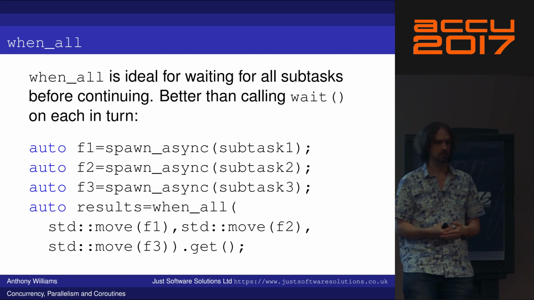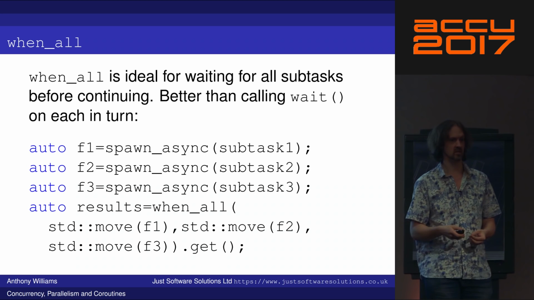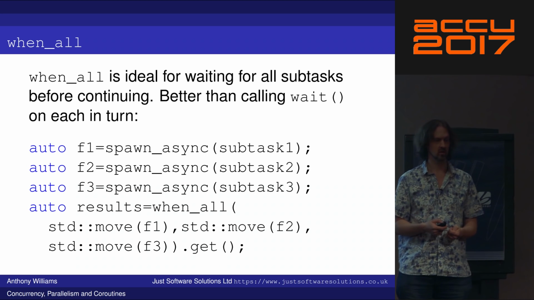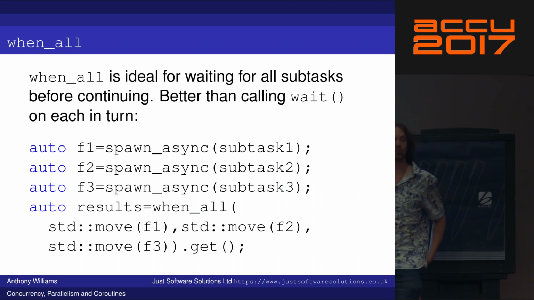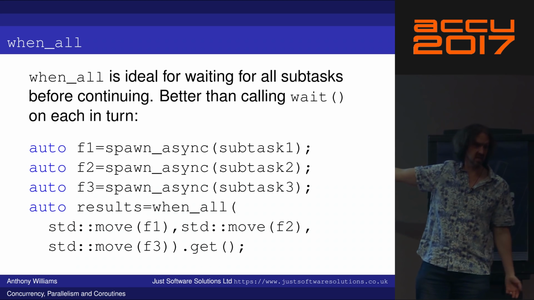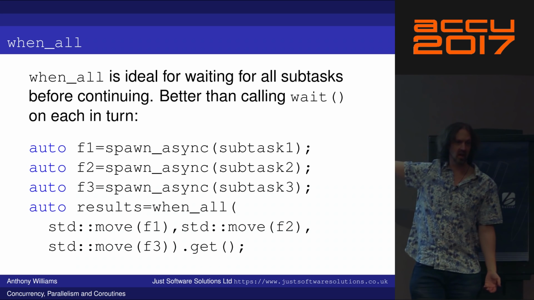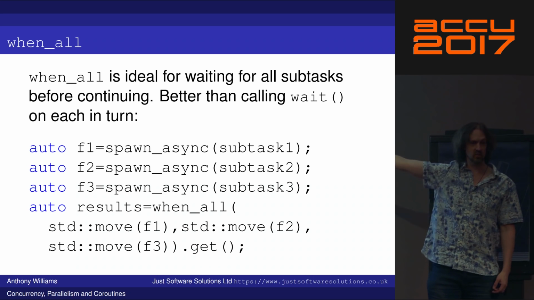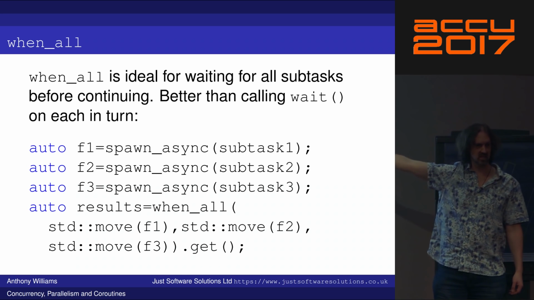So if you have when_any, and maybe one future returns int, and the other one returns char, is the resultant future a variant of int and char? No. Look, we use when_all because it's on the slide, but it's the same for when_any. We've got 3 subtasks, and they give us 3 futures, F1, F2, F3. They can be different things, an int, a string, a double, whatever, it doesn't matter.